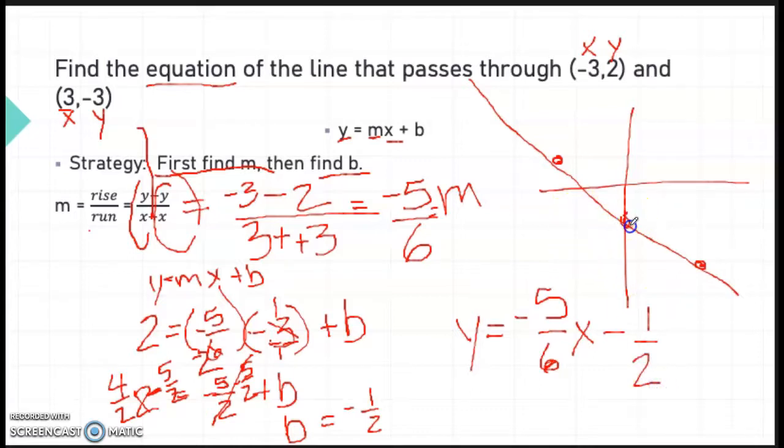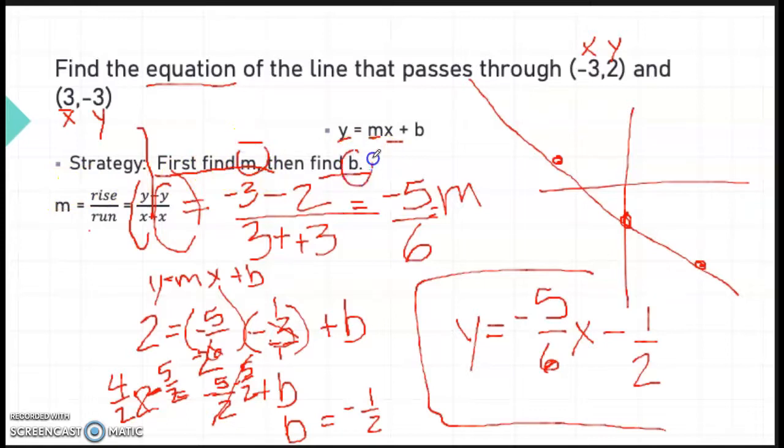That's where it would intercept the y-axis. That's how I write the equation of a line without even having to graph it. First I find my slope, then I find my b, and then I just put them into the equation.